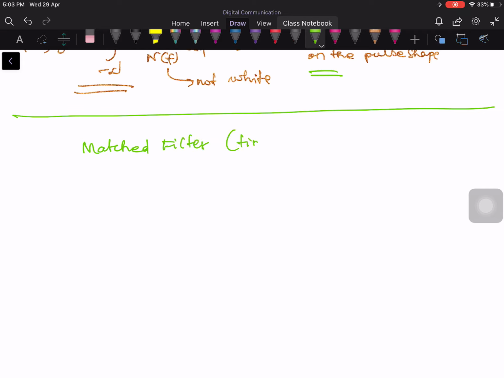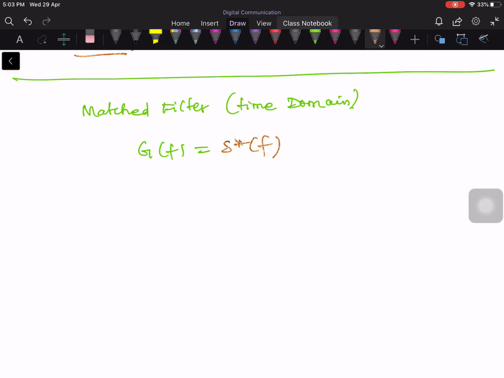In time domain. See, I said for matched filters, G of f, let me change the color, equal to S conjugate of f, right? If you take the Fourier transform, then G of t equal to S of minus t.